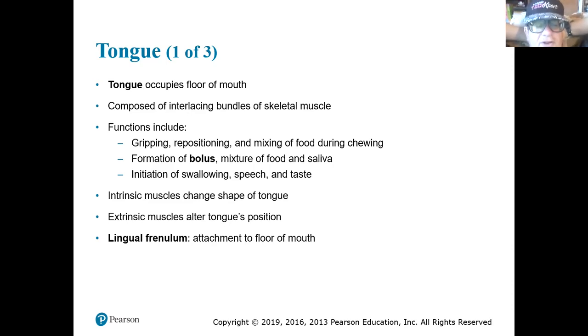Those are going to alter the tongue's position. And the lingual frenulum, you already saw. That little flap there at the base of the tongue, that's the attachment of the tongue to the floor of the mouth.